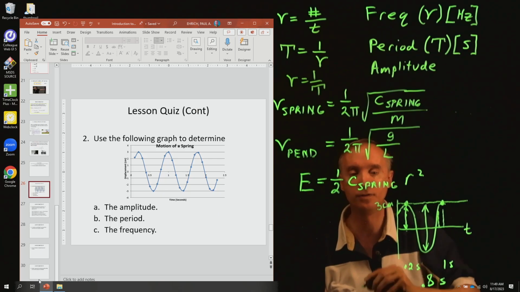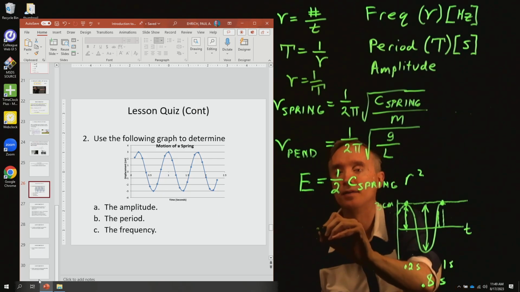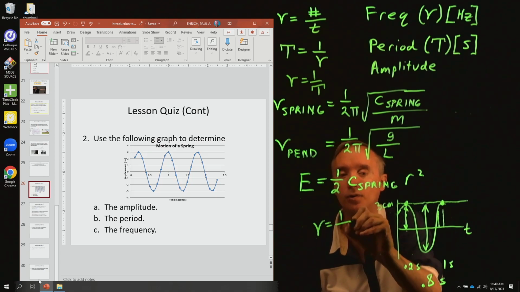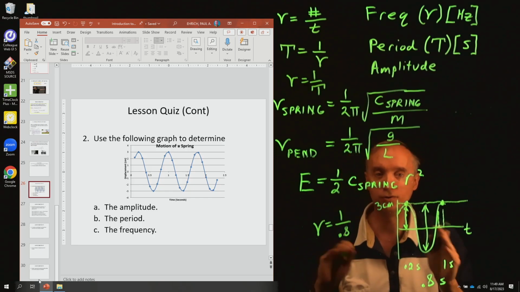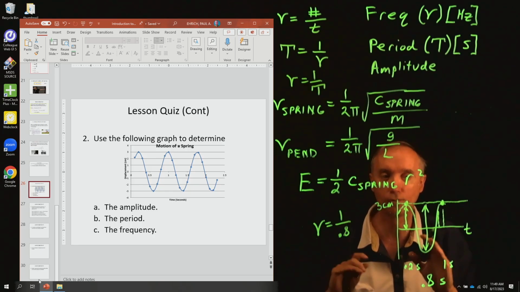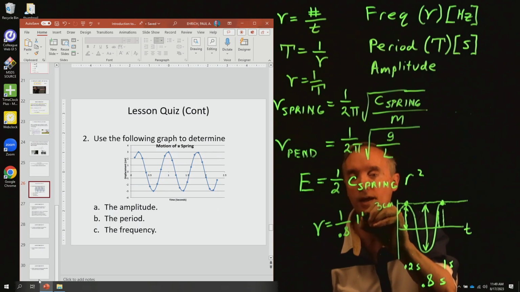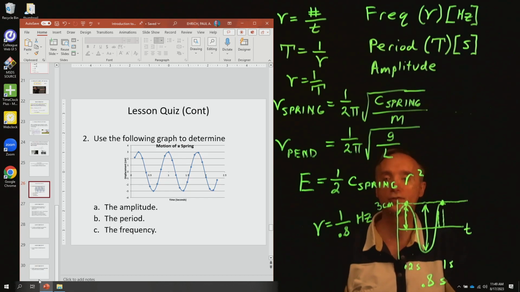So all we've got to do is say that the frequency is equal to 1 over 0.8. You can do that with your calculator and get a real number. Once you've done that, put the word Hz on the end, because that's the official metric unit for frequency. All right, so that would be the answer to that question.